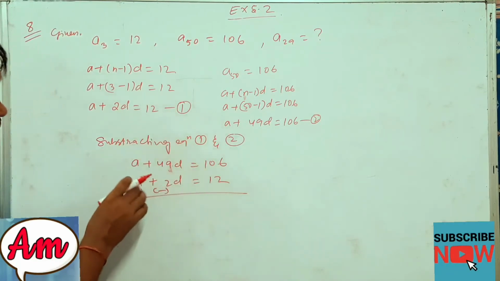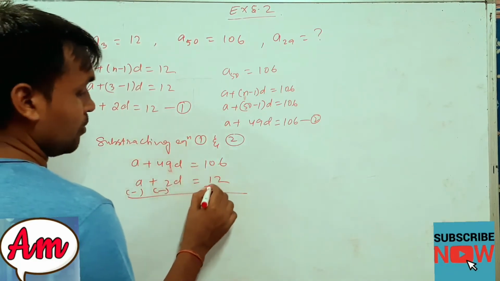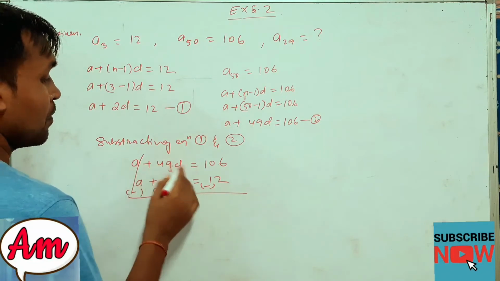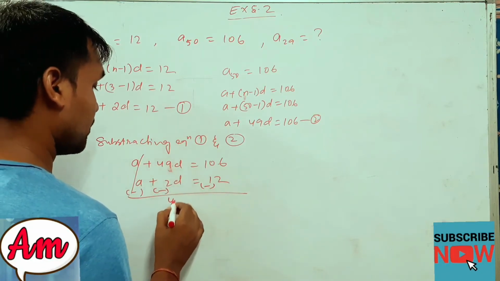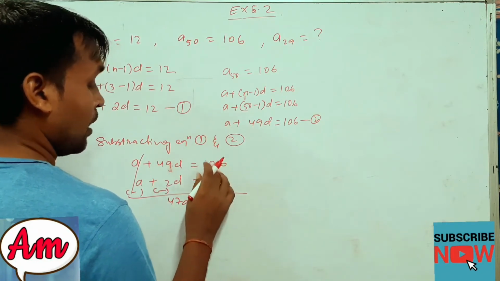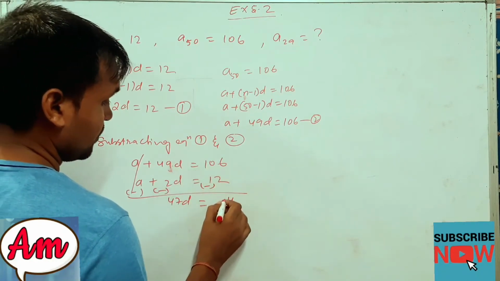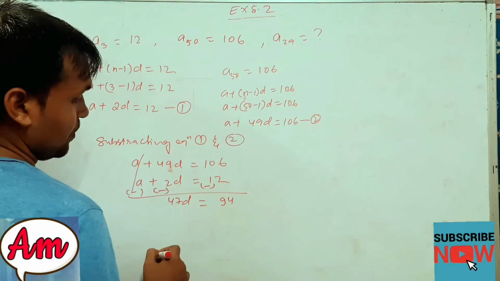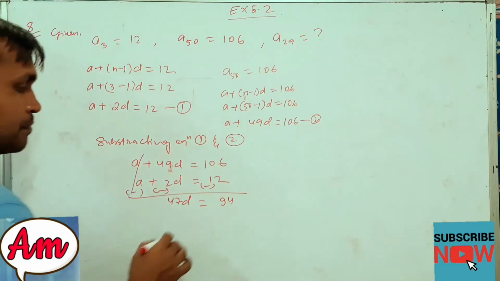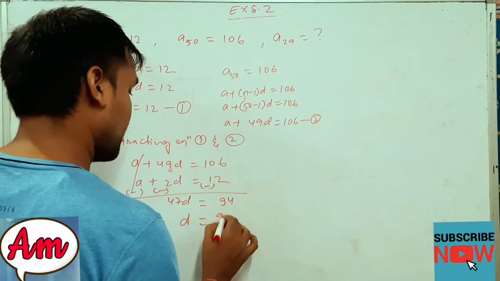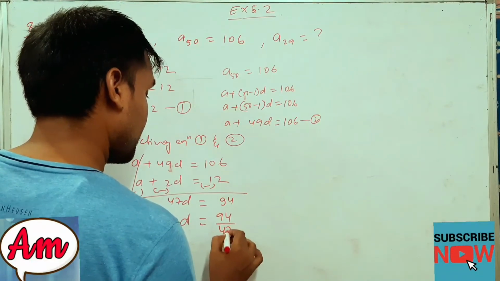When you are subtracting, you have to change the sign: plus becomes minus. 49d minus 2d equals 47d, and 106 minus 12 equals 94. So d equals 94 by 47.